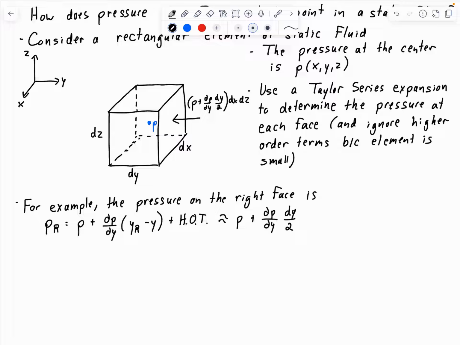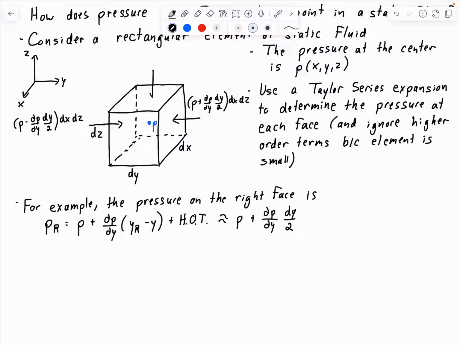So this is the force on the right-hand face, and we can do something similar for the force on the left-hand face. Here we have a similar expansion, but this time P minus del P by del y, again times that distance, dy over 2. That's our pressure at that face, and we multiply that by the area of the face, which is dx dz. Now we have the forces on the left-hand side and the right-hand side, and we can do something similar for the force on the top.